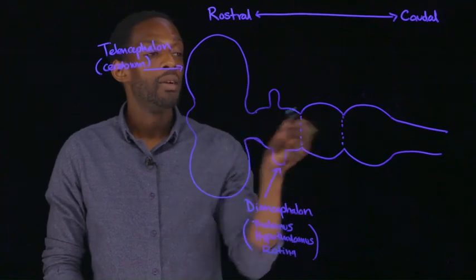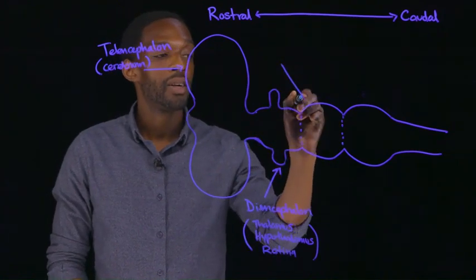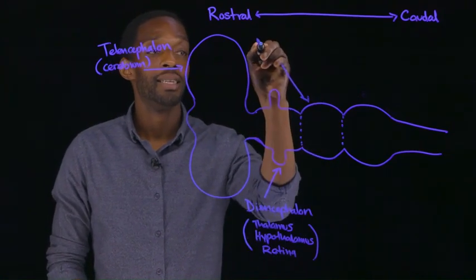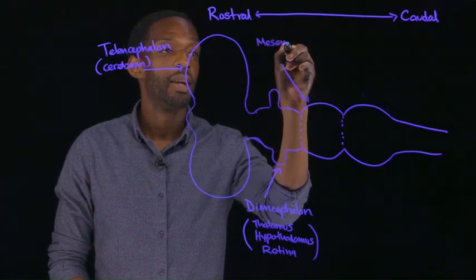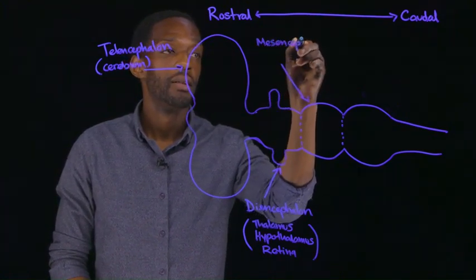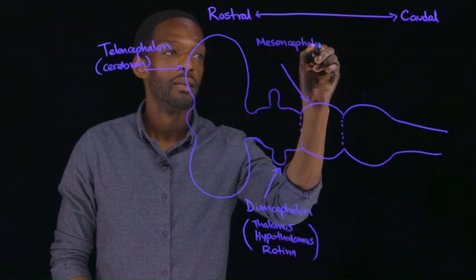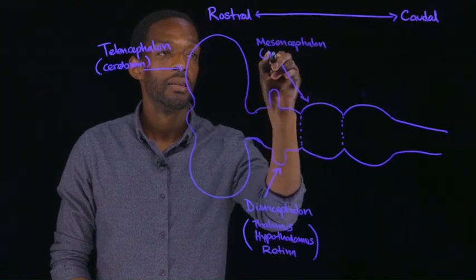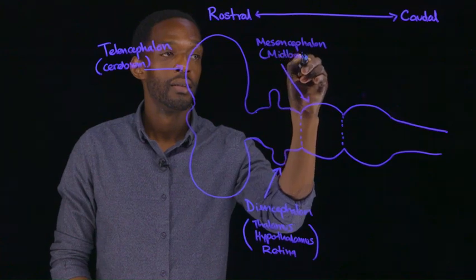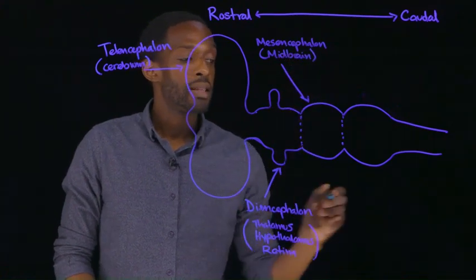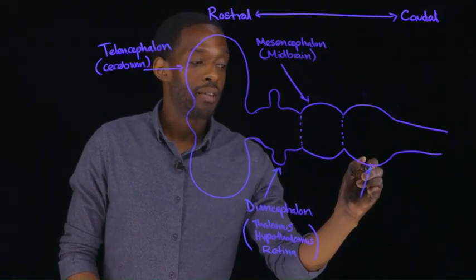As we continue to move in a caudal direction, the next structure that you would encounter is the mesencephalon. This gives rise to the midbrain. And then lastly, you would encounter the rhombencephalon.